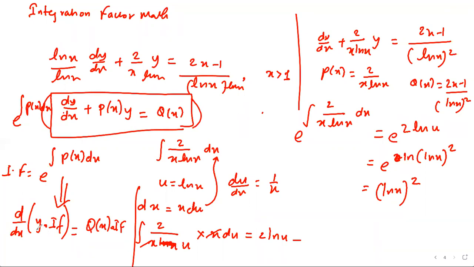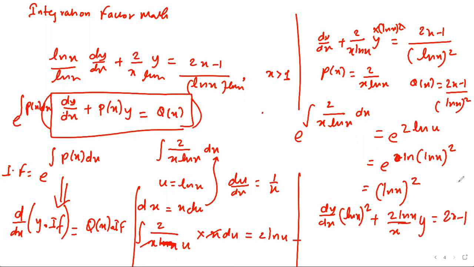So for example, I have got ln x the whole squared. If I multiply both sides by ln x the whole squared, what we get is dy by dx times ln x the whole squared plus 2 ln x over x times y equals 2x minus 1, because one of the ln x factors gets cancelled, giving 2 ln x upon x, and on the right side ln x the whole squared multiplied with 1 over ln x the whole squared gets cancelled.